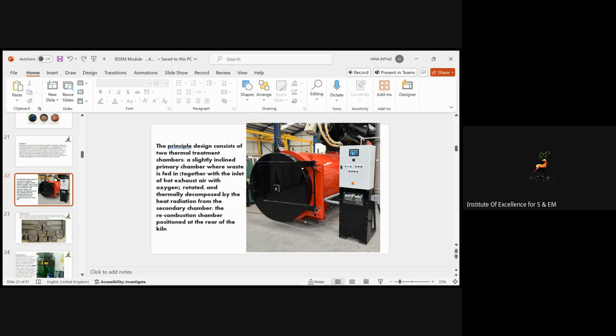First the waste is fed into the primary chamber, where it is rotated and decomposed by thermal energy, and after that it enters the secondary chamber, and then the recombustion chamber, which is positioned at the rear of the kiln. So this is basically the principle.